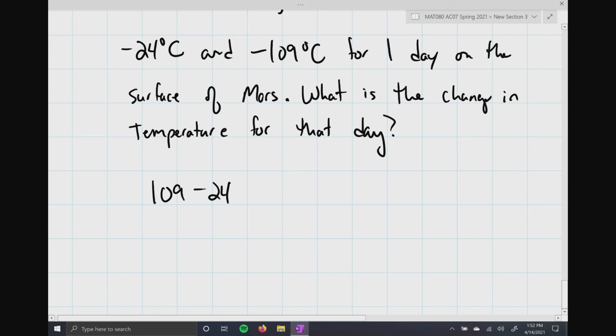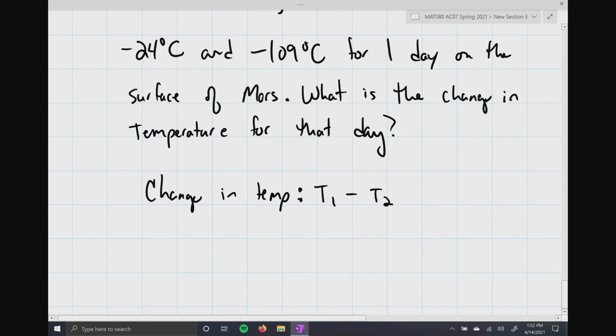All right. So I'm going to show you, okay? So a change in temperature, anytime you see the word change, this is what you can think. In this case, it's specific change in temperature. It's temperature 1 minus temperature 2. Okay?